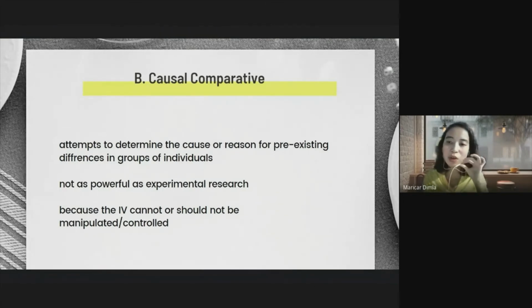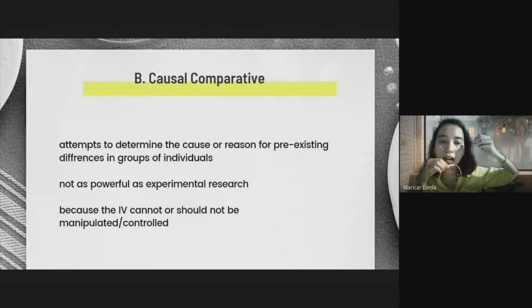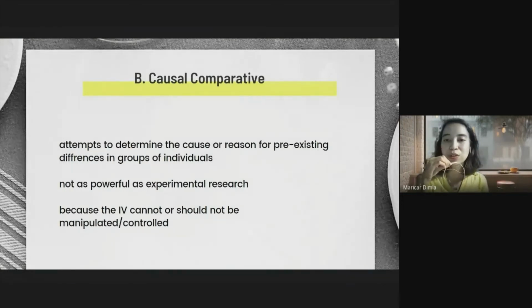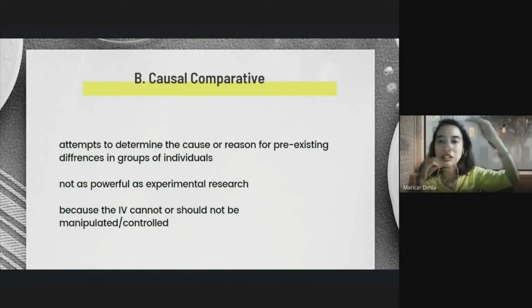Okay, so class, we're done with the descriptive correlational and its sub-methods. Sana class, naiintindihan nyo na ngayon. When we say research design, it has 2 distinct methods, the experimental and non-experimental.